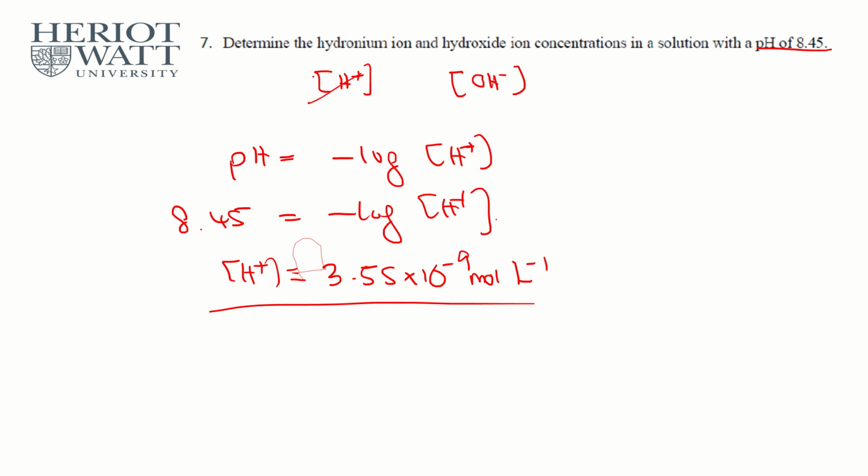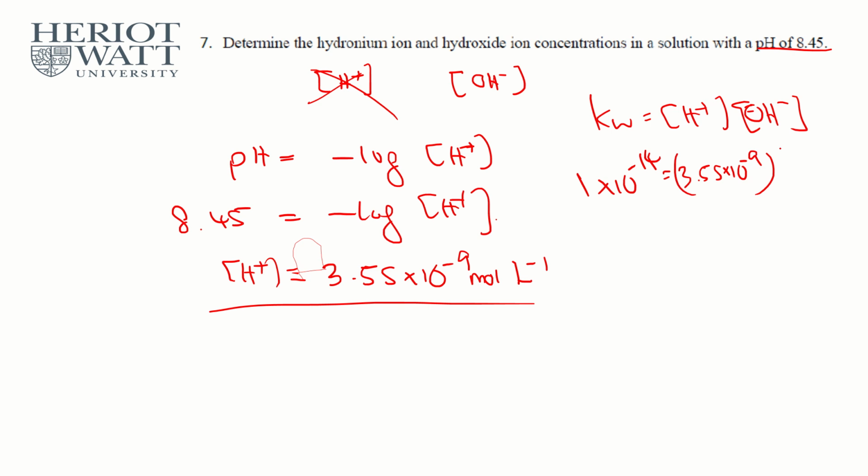Okay, so done with the H plus. And what is the concentration of OH minus? Use the Kw because that is composed of both H plus multiplied with OH minus, like what I did just now. 1 times 10 to the power negative 14. And then what is the H plus now? 3.55 times 10 to the power negative 9. That's 1. And unknown is OH minus. See that?